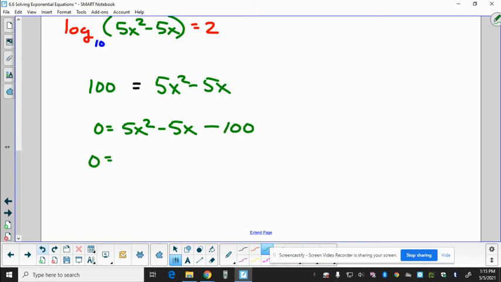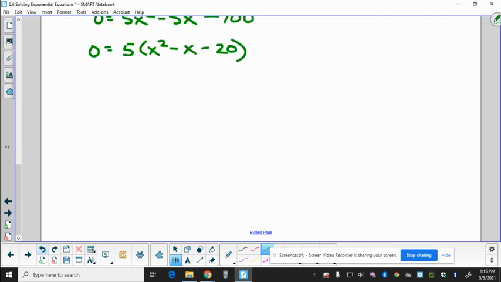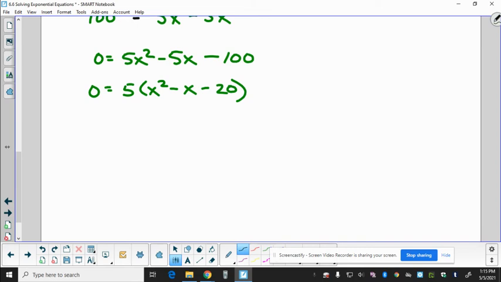You either divide by 5 or factor out a 5. Let's see if this factors. If not, we can use the quadratic formula. Got 2 numbers that multiply to give you -20 that add up to give you negative 1. About -5 and 4.